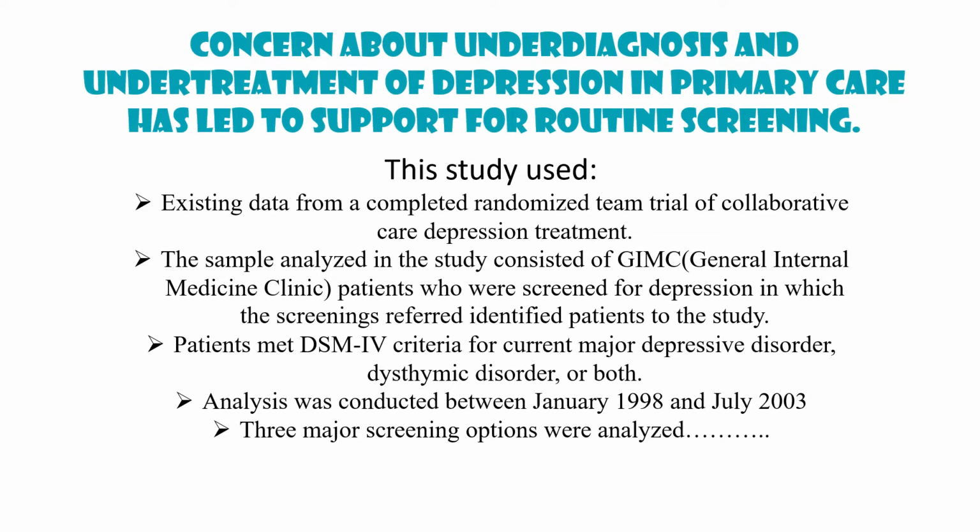Patients had to meet DSM-4 criteria. We are currently on DSM-5, however this analysis was conducted between January of 1998 and July of 2003, so at that time they were using the DSM-4.